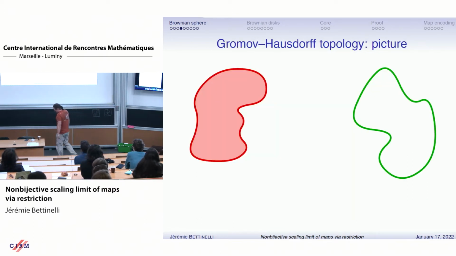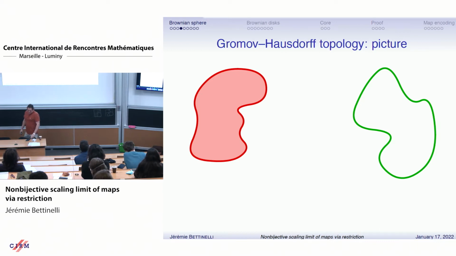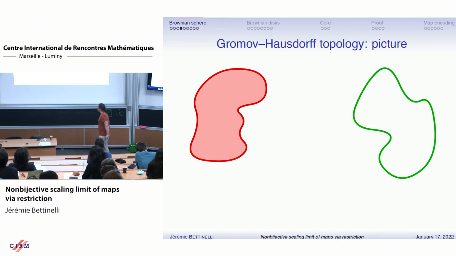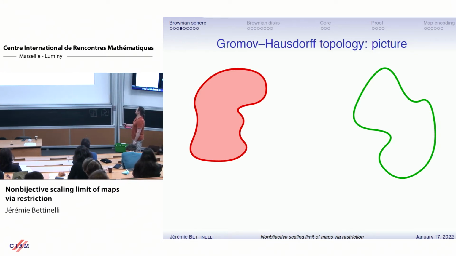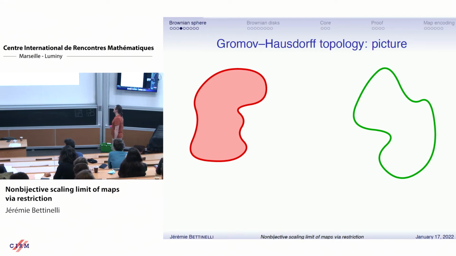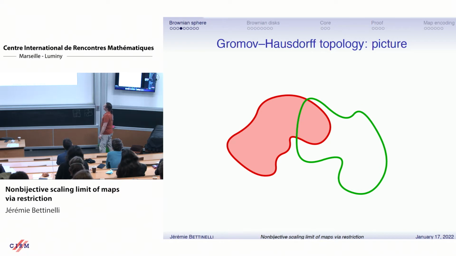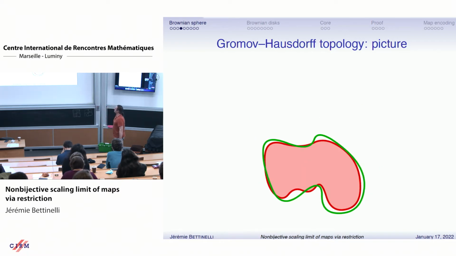And the topology I use is the Gromov-Hausdorff topology. Very common in this setting. So the idea is that when you want to compare two sets like this, the first step is to try to fit them as well as possible, and then use the Hausdorff distance. Okay.